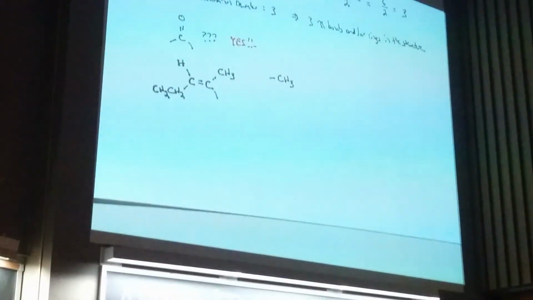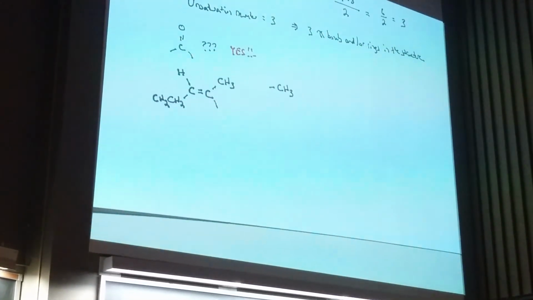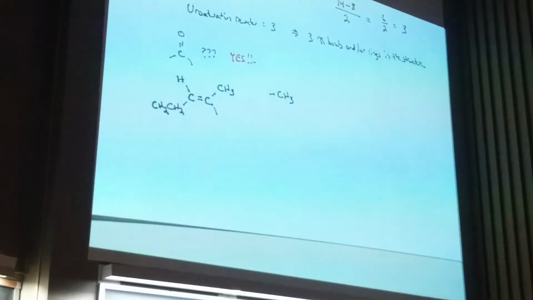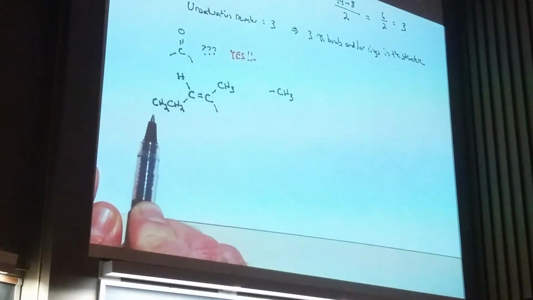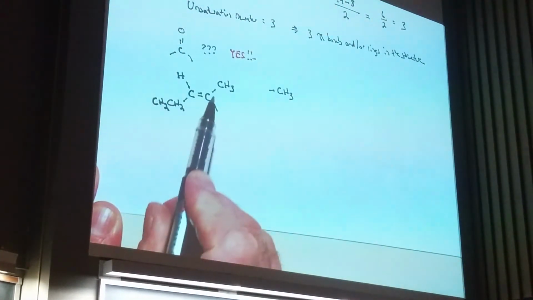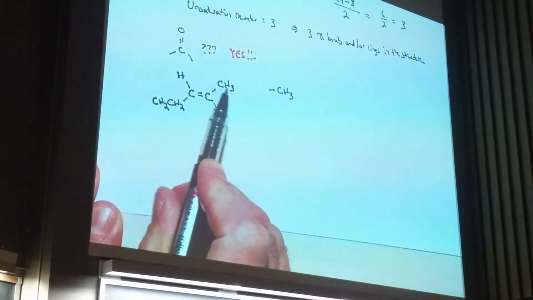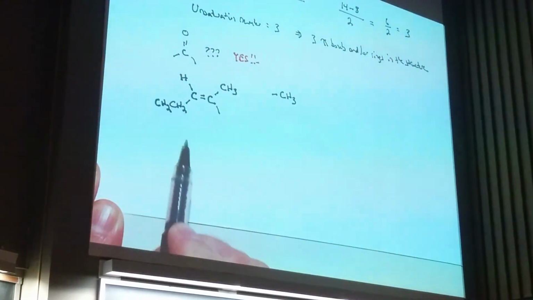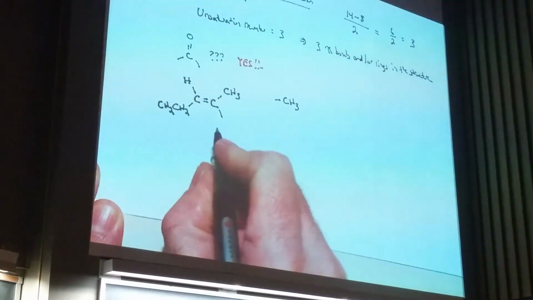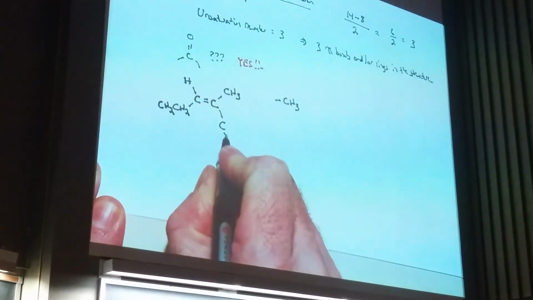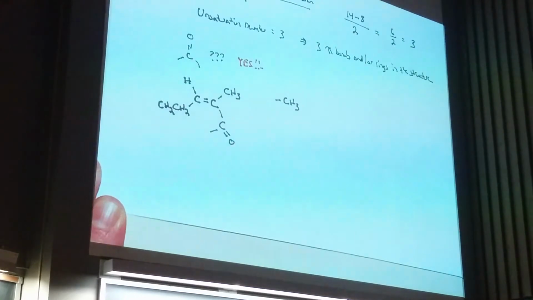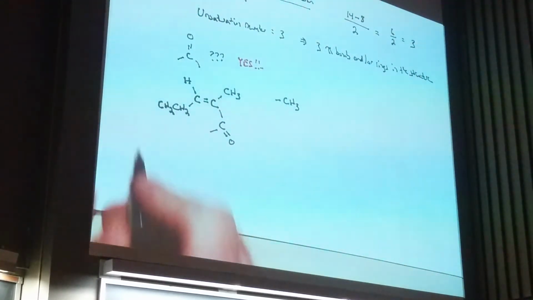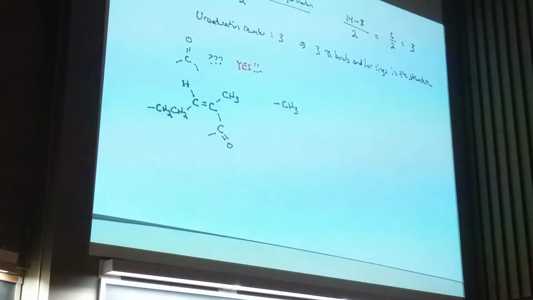Where does that leave the carbonyl group? Now I got a piece that has 1, 2, 3, 4, 5. Where's this got to go? Put it there. There's an unsatisfied bond. That carbon only has 3 bonds as it's drawn. Huh.